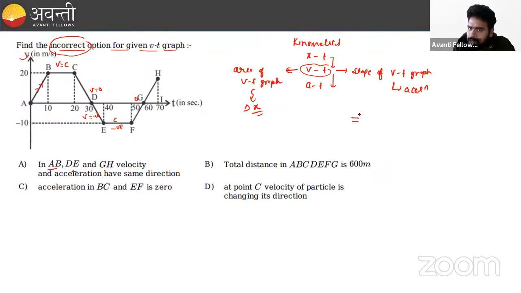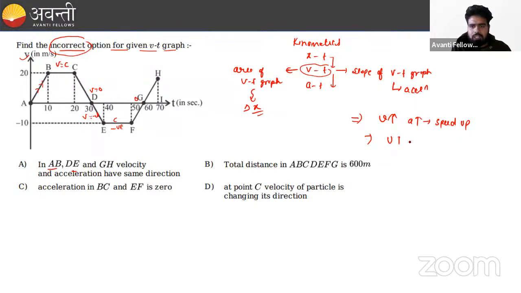Let us pick one important concept. Whenever velocity and acceleration are in the same direction, it means acceleration continuously increases the speed of the particle. So this is the case of speeding up.